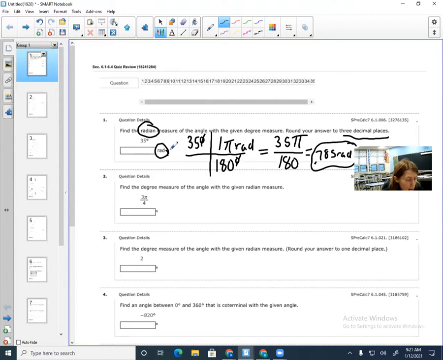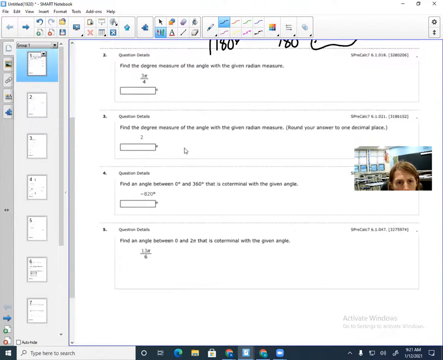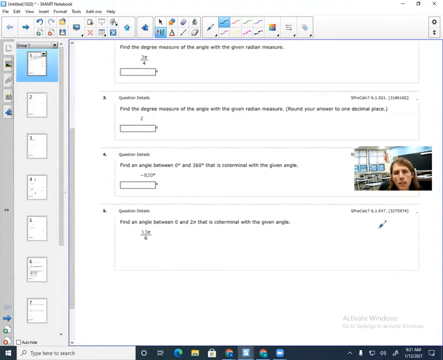All right, I'm going to skip to number 4 on here. It says find an angle between 0 and 360 that is coterminal with the given angle. So I have negative 820 degrees, and I need to get to between 0 and 360.